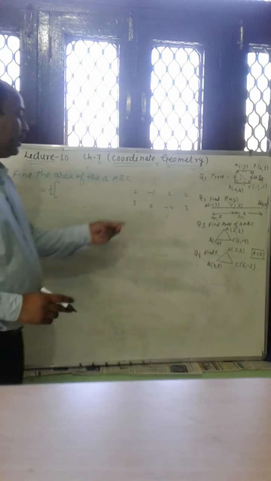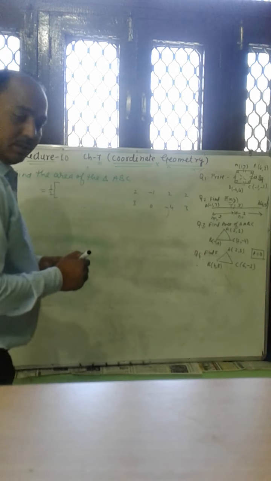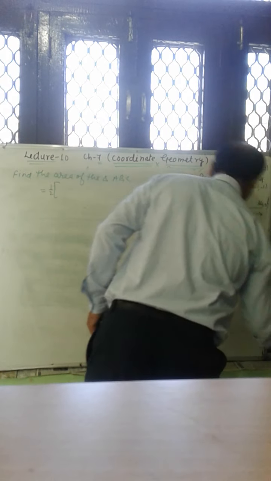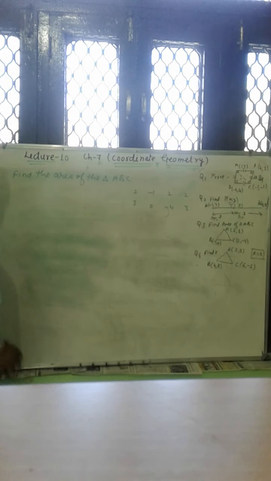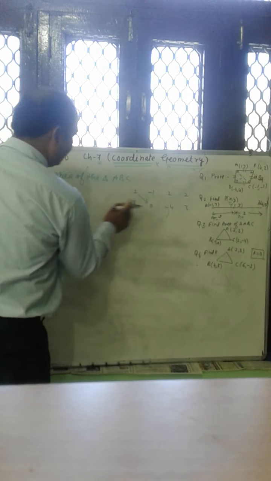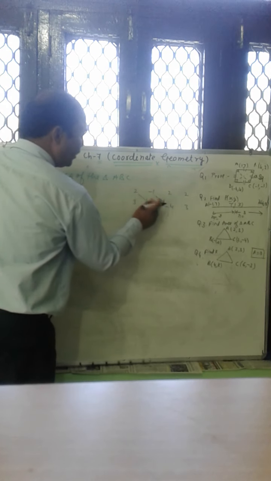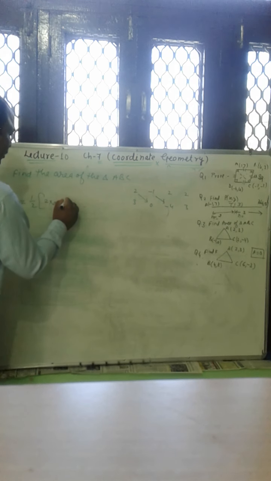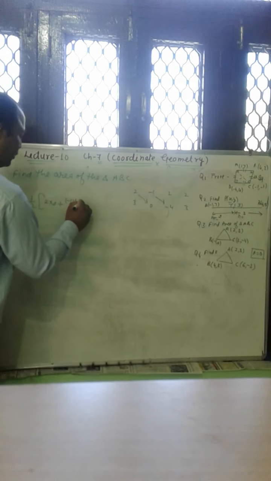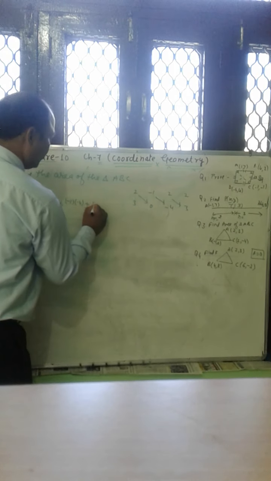Okay, now the area of these triangles we already discussed, so we remove this one here. Now we write both slightly here. Now 1 upon 2 multiplied by: this is 2 comma 0, so 2 into 0 plus minus 1 into minus 4, minus 1 into minus 4 plus 2 into 3.